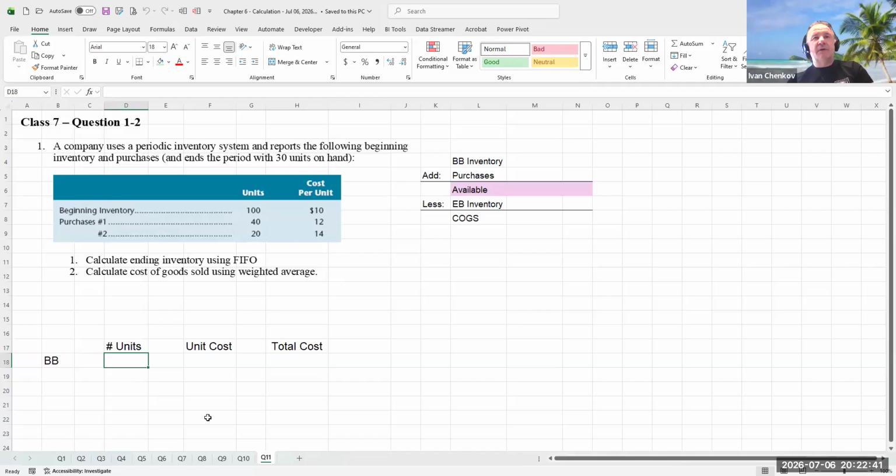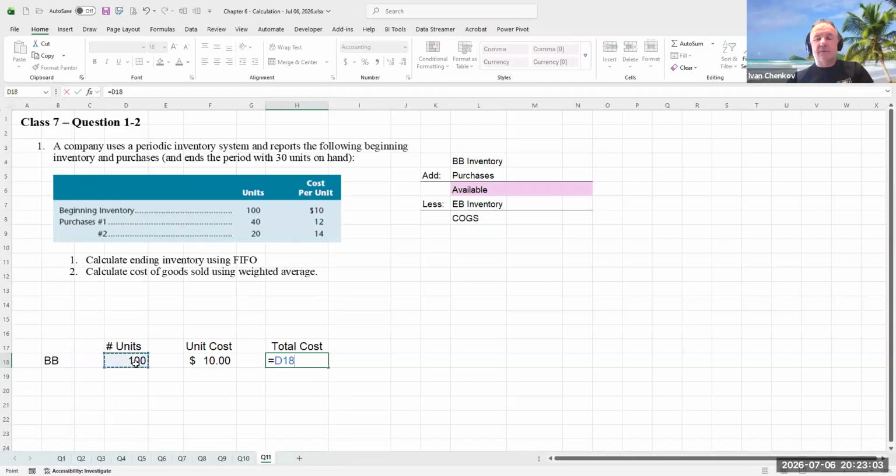Beginning balance, how many units do we have in the beginning inventory? 100 units. Let's put those numbers, 100 units. What's the unit cost? $10. Now you can put the $10 as a dollar amount. And the total cost obviously will be 100 times 10, $1,000. That's our beginning inventory. What do we have after?